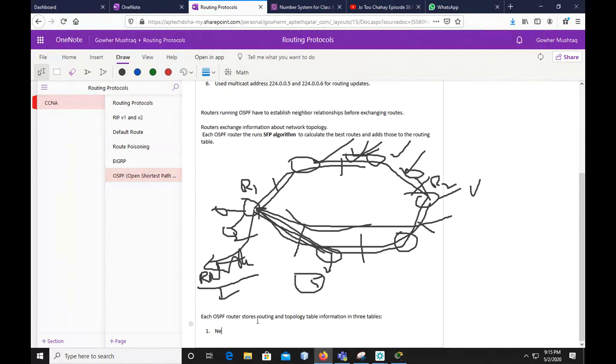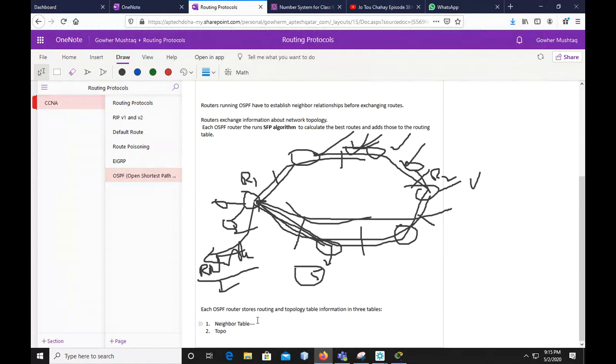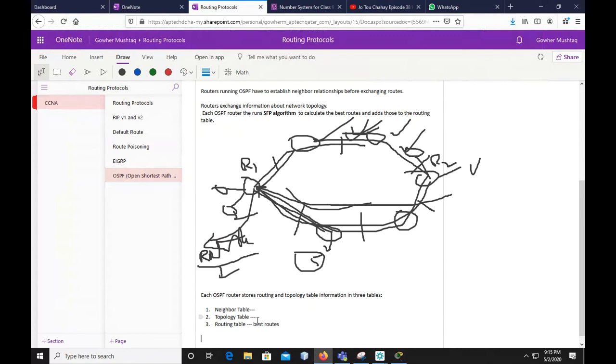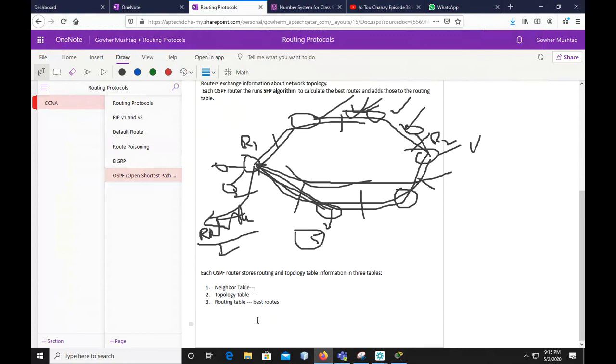The first one is the neighbor table. It stores the information about OSPF neighbors. Then the topology table, which stores the topology structure of the network. And then the routing table, which stores the best routes. These are the 3 tables that will be created in each OSPF router within a network.